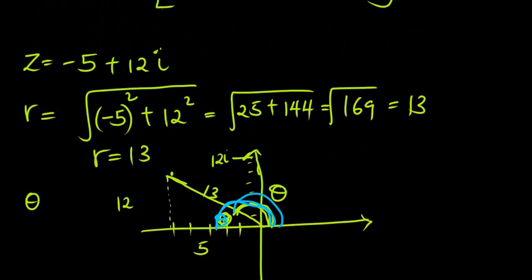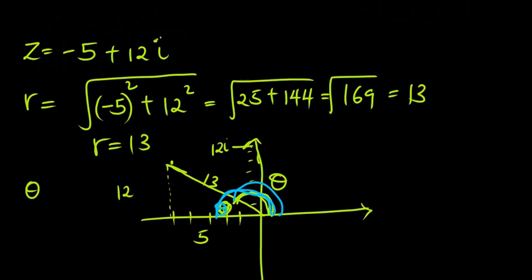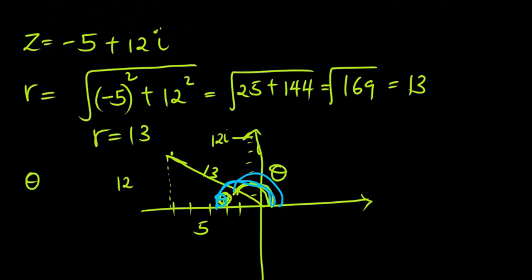So as I told you, let's use the trigonometric identity tangent. The value of theta is going to be the tan inverse of 12 all over 5. I prefer to ignore the negative sign. The negative is just going to help us in mapping this complex number, showing us in which quadrant it is.